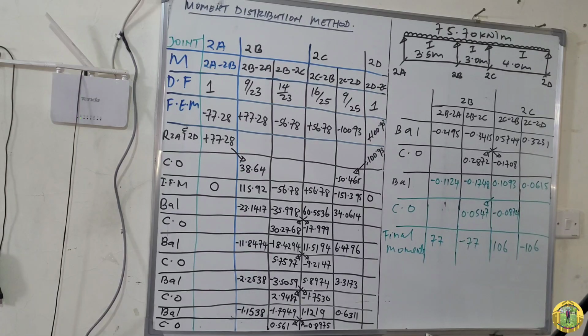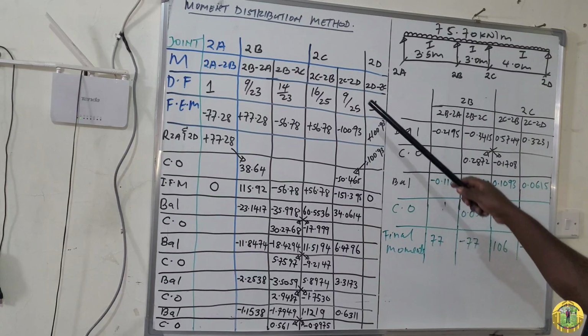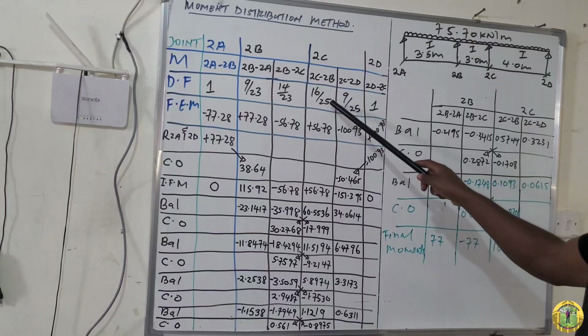Let me do it again. 56.78 plus minus 151.395. So you get negative 94.615. So this one will be positive 94.615, and then distribute it to each of these members.